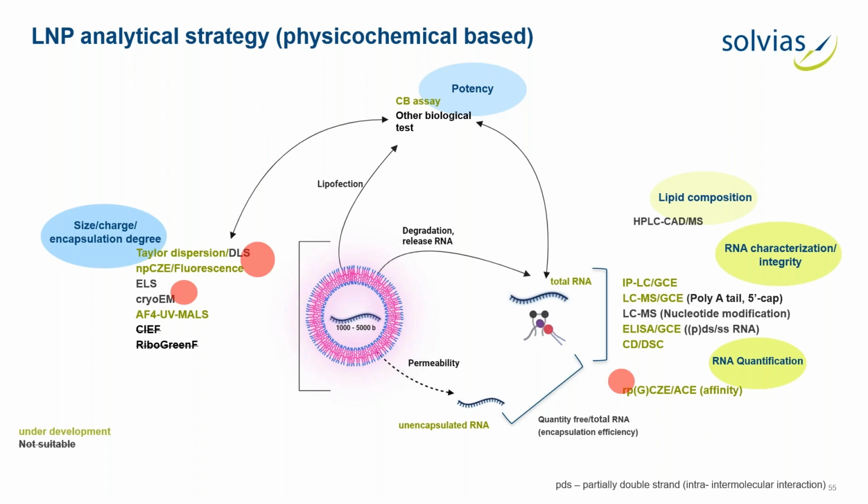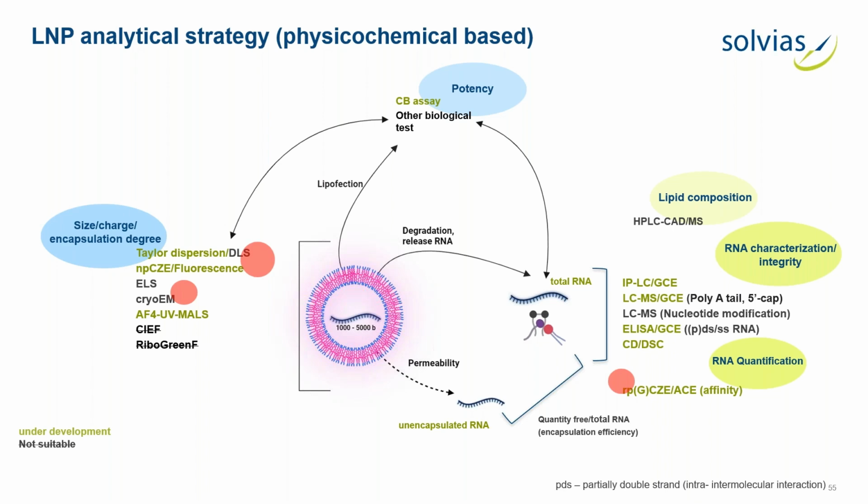So ELS, electrophoretic light scattering, and DLS are well established, but either we create only limited parameters, or we are too imprecise. This is why we also consider Taylor dispersion. This is really new, and CZE of intact LNPs with a special fluor for labeling, but also AF4 could be really helpful tools for the characterization.